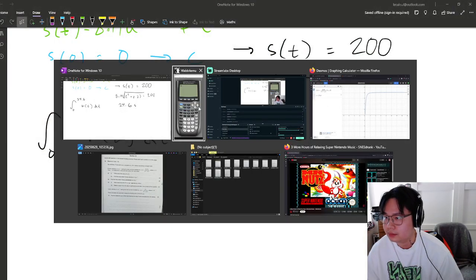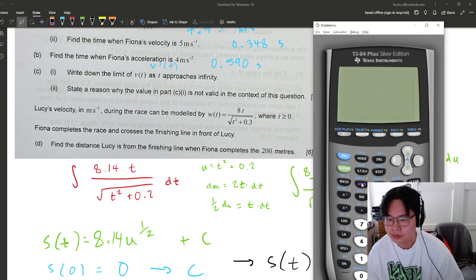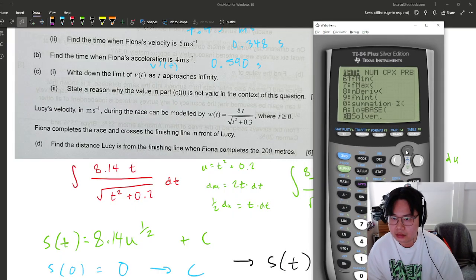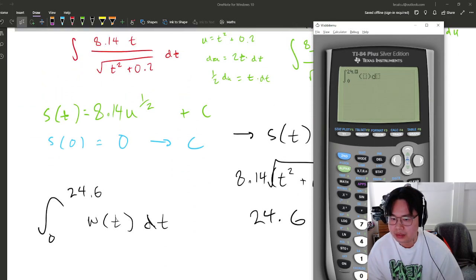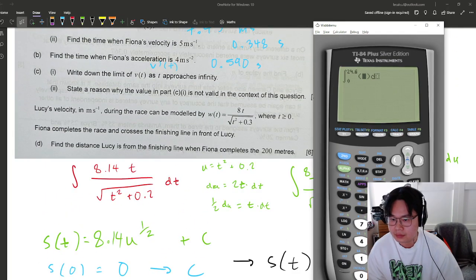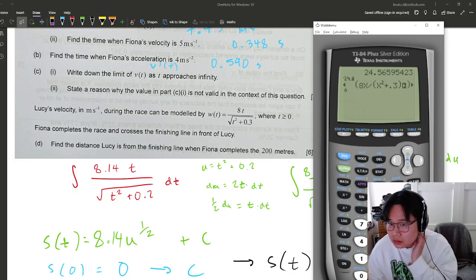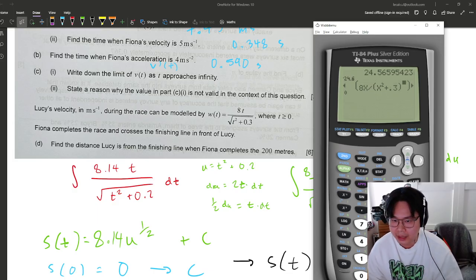Okay, math. Integral from 0 to 24.6 of 8x divided by (x squared plus 0.3) to the power of 0.5 dx.